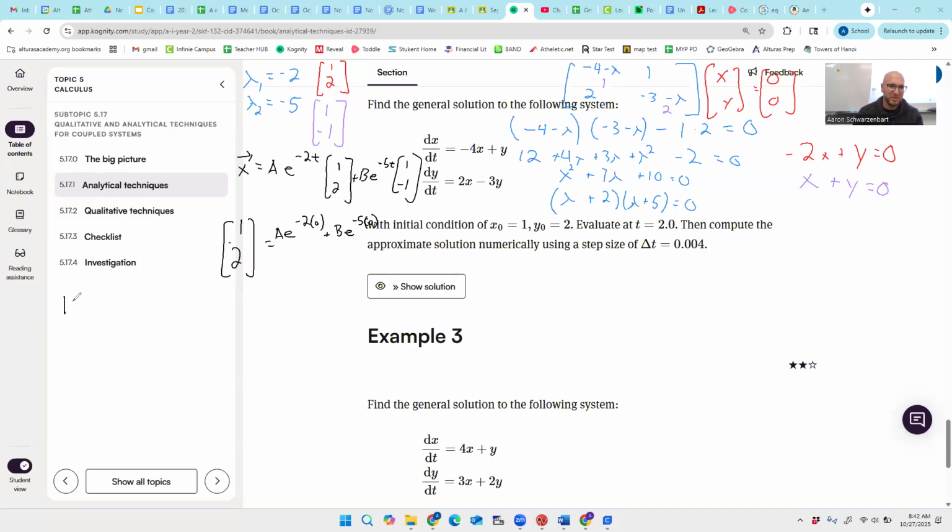So that leaves us with 1 equals a plus b, and negative b e to the negative 5 times 0. So I multiplied them out and plugged in my zeros.